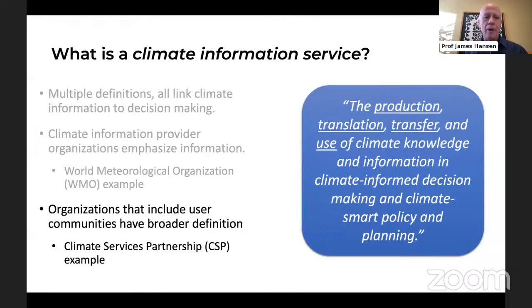The Climate Services Partnership defines the climate service as the production, translation, transfer, and use of climate knowledge and information in climate-informed decision-making, climate-smart policy and planning.